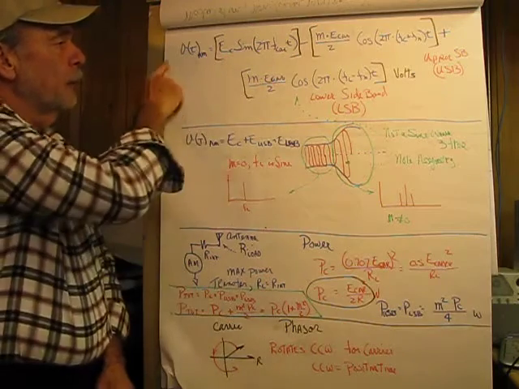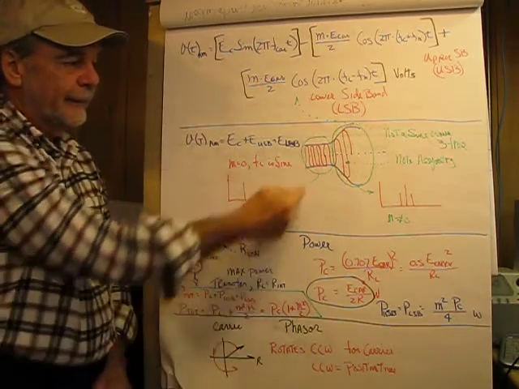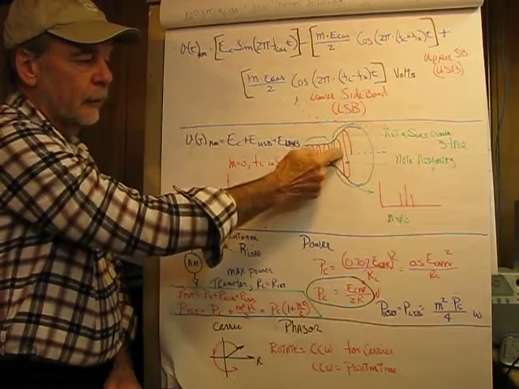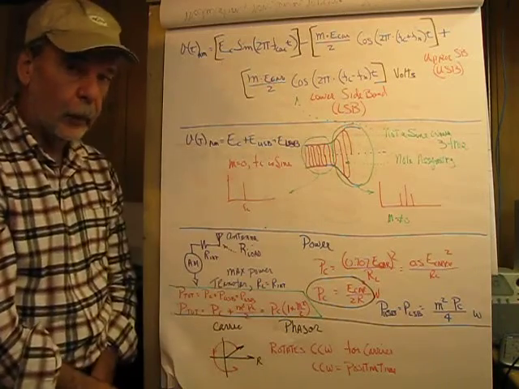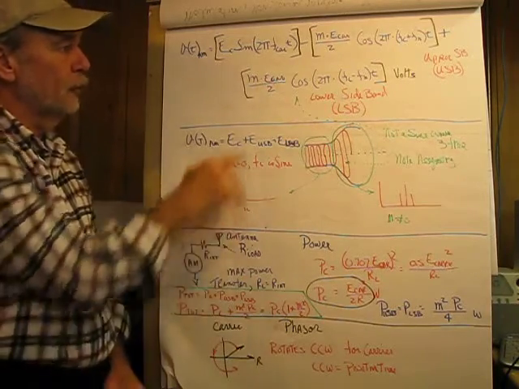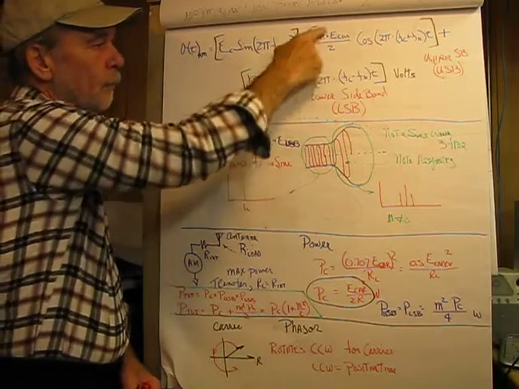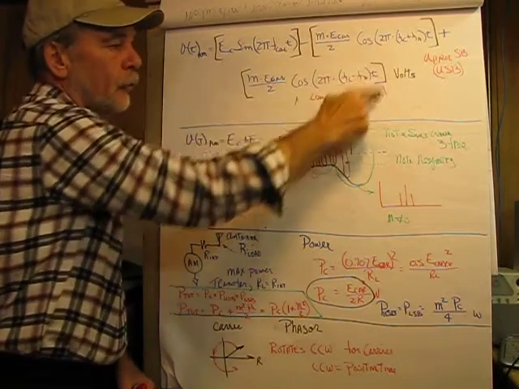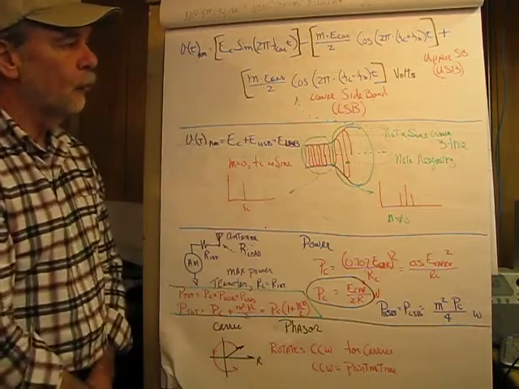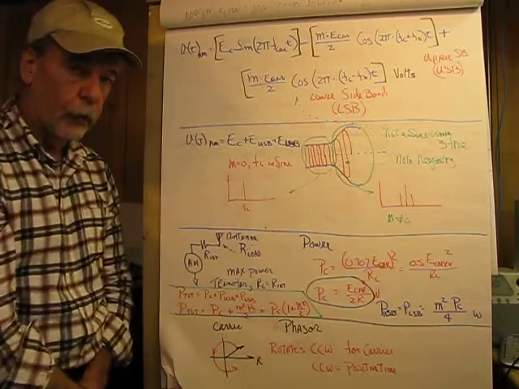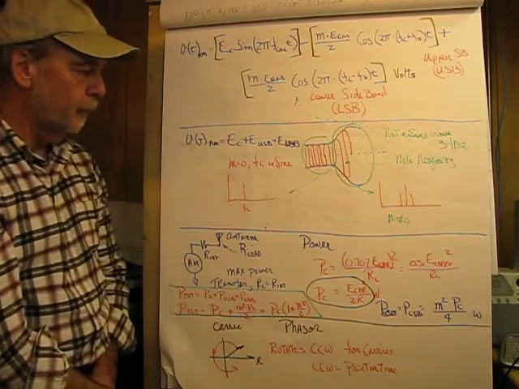Now, it's not likely that we're going to want to find the instantaneous voltage, and that would be the red line, anywhere. But what this tells us is the amplitudes and the frequencies. So that is what this equation would be useful for if we were to need it.